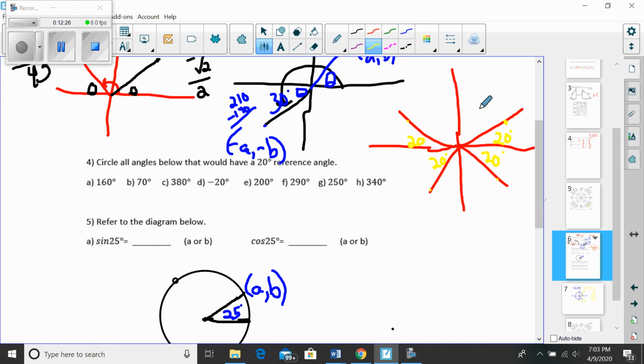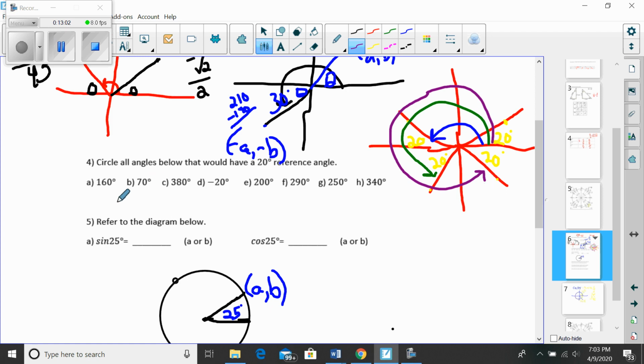So for 20 degrees, that would be a reference angle for this angle right here that I just drew in blue, this angle right here that I just drew in green, and this angle right here that I am drawing in purple. Okay, so those are all the angles that would have a 20-degree reference angle.